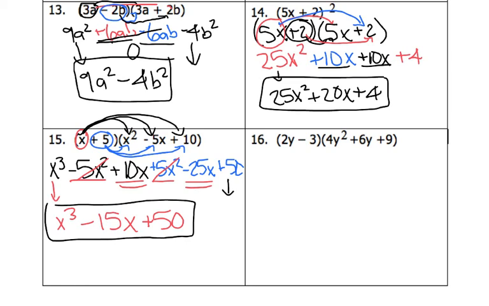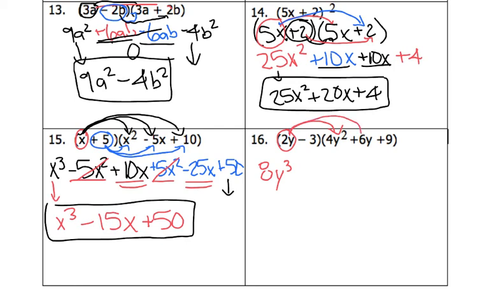One more problem. Phew. 2y times 4y squared. Deal with the numbers first. 2 times 4, 8. Now let's deal with the variables. I have 1y and then y squared. So that would mean I have a total of 3y, so that's y cubed.